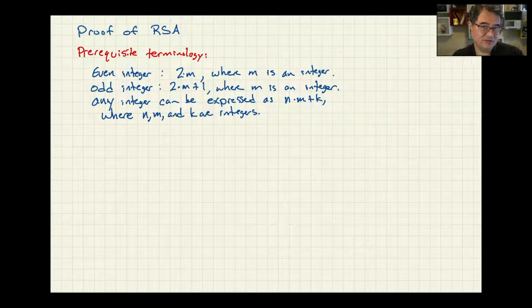Let me see if I can do this here. Before we start, I need to run through a little bit of terminology so you understand what's going on in the calculations. When we say a number is even, like 10 or 24, what makes it even? In grade school, you learn that it just ends with 0, 2, 4, 6, or 8.